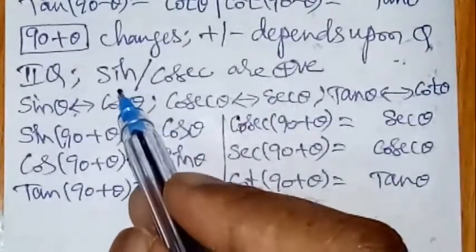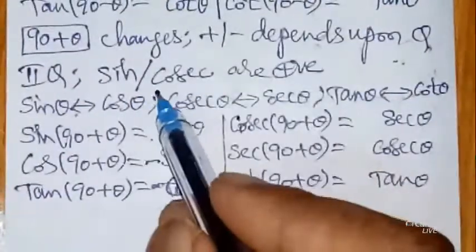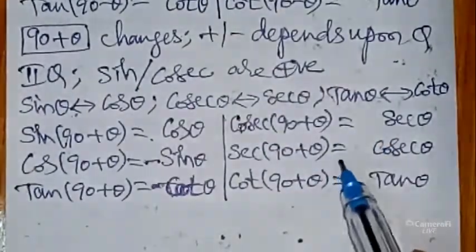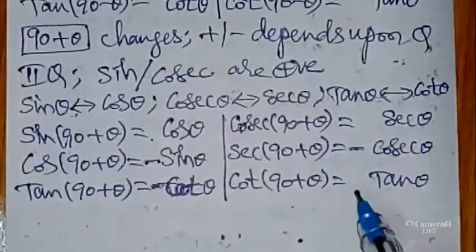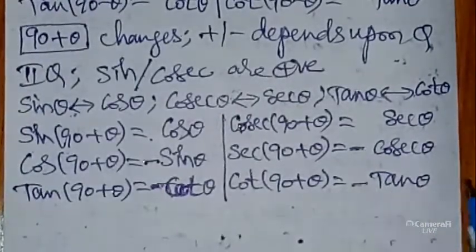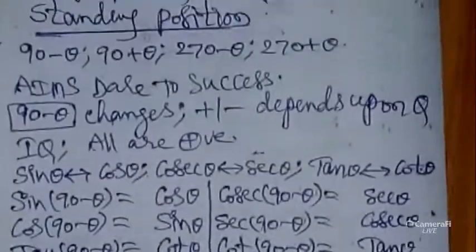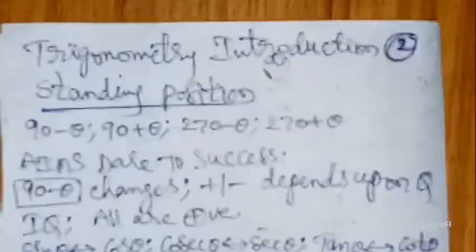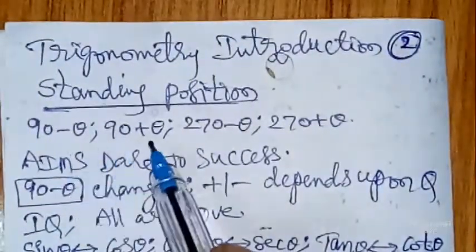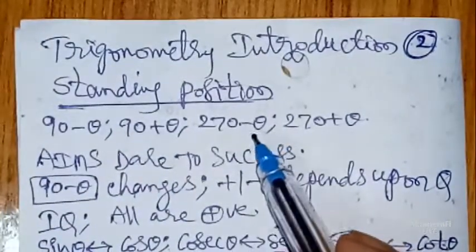Later you can verify in second quadrant who is positive. Cosecant is positive. And what about secant? Secant negative. What about cot? Cot is negative. It's a very easy explanation, my dear students. In standing position, 90 minus theta completed, 90 plus theta completed.